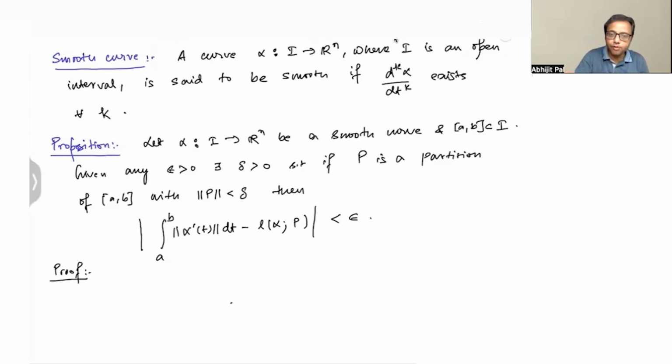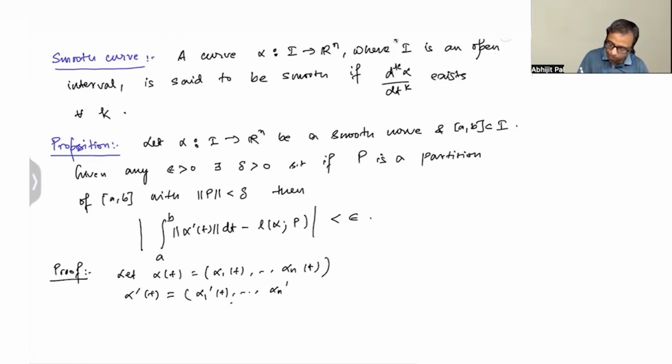Alpha is a map from this interval to Rn, so you can write alpha as follows. Alpha t is equal to alpha 1 t, ..., alpha n t, where each of these alpha i's are coordinate functions of alpha. Alpha is a smooth map, so alpha prime exists and is also continuous. Alpha prime t is equal to alpha 1 prime t, ..., alpha n prime t.